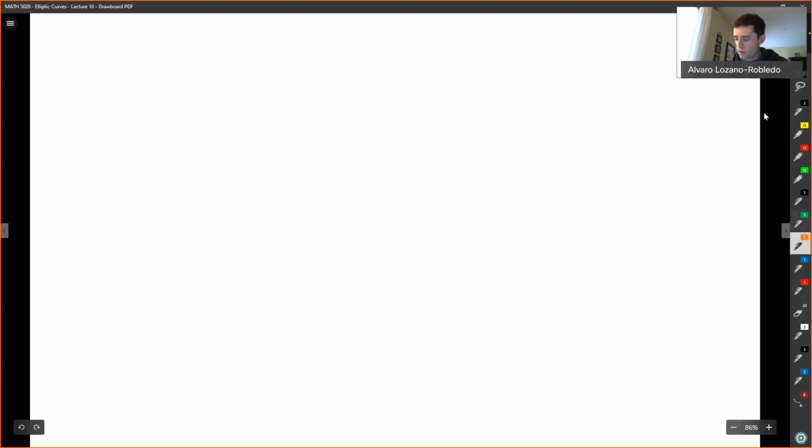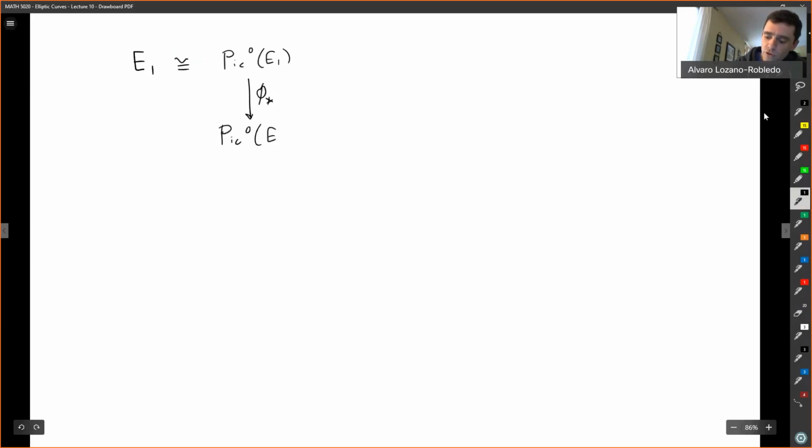So I had a diagram. Let's draw that correctly. E1 to Picard through phi lower star to Picard for E2, and I have E2 here, and I have the isogeny phi, and this diagram commutes, right?